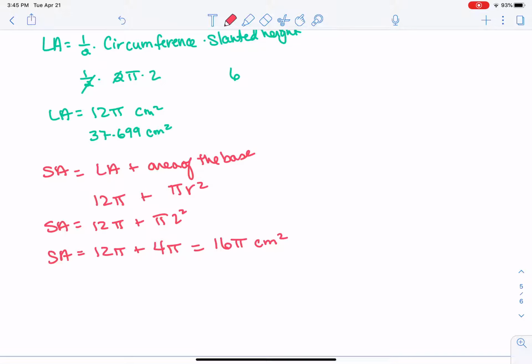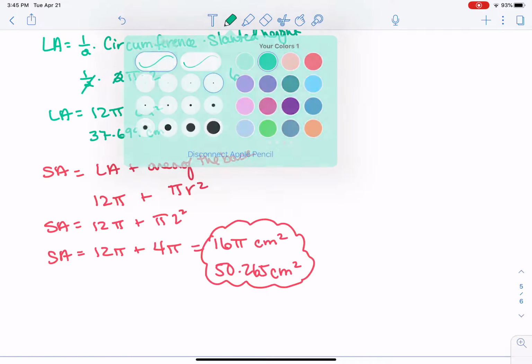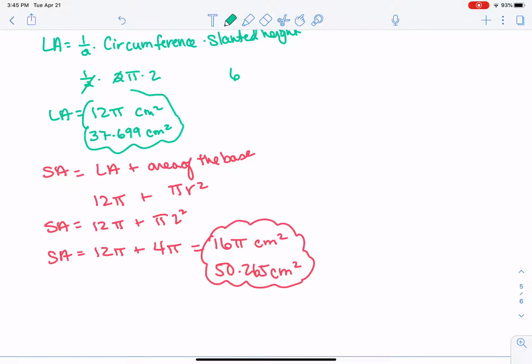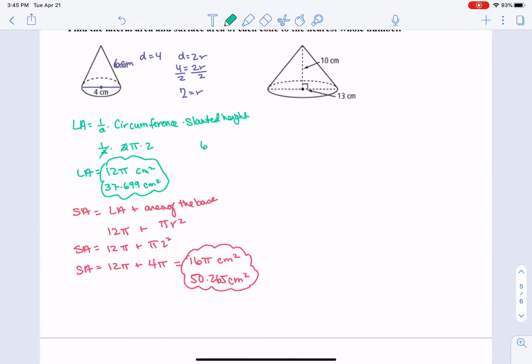Or again, if you would rather that in decimal form, it is 50.265. So there's kind of your surface area, and this is your lateral area. That was not too bad.